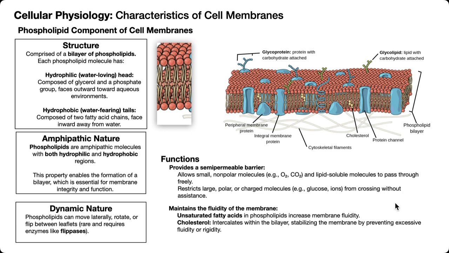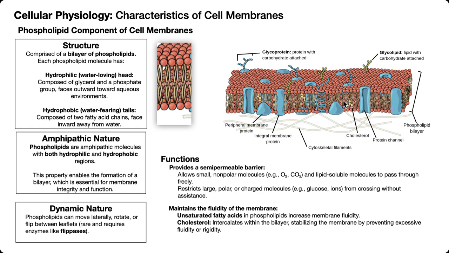The other function is that it helps maintain the structural fluidity of the membrane. Those fatty acids in the phospholipids will make it fluid and jello-like. The cholesterol makes it a little bit stiffer. You'll see those inside the plasma membrane here, and that's going to stabilize this a little bit more.